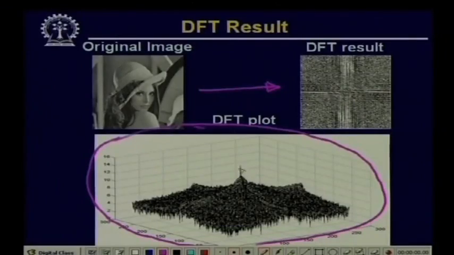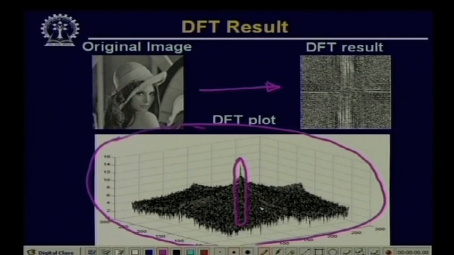Here you find that at the origin, the value of the coefficient is quite high compared to the values of the coefficients as you move away from the origin.